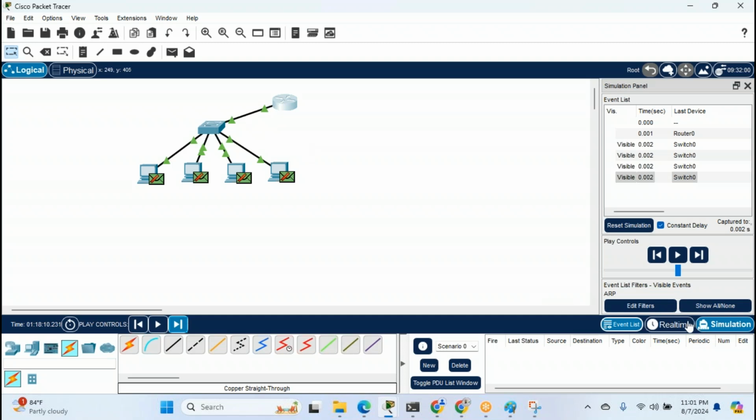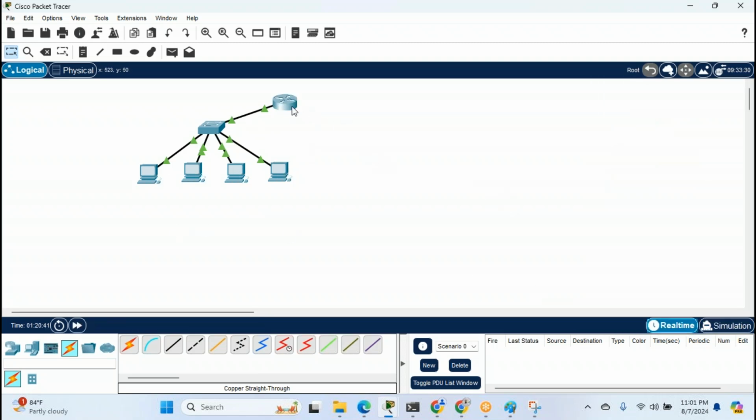No one is using it, which means this is not a duplicate address.